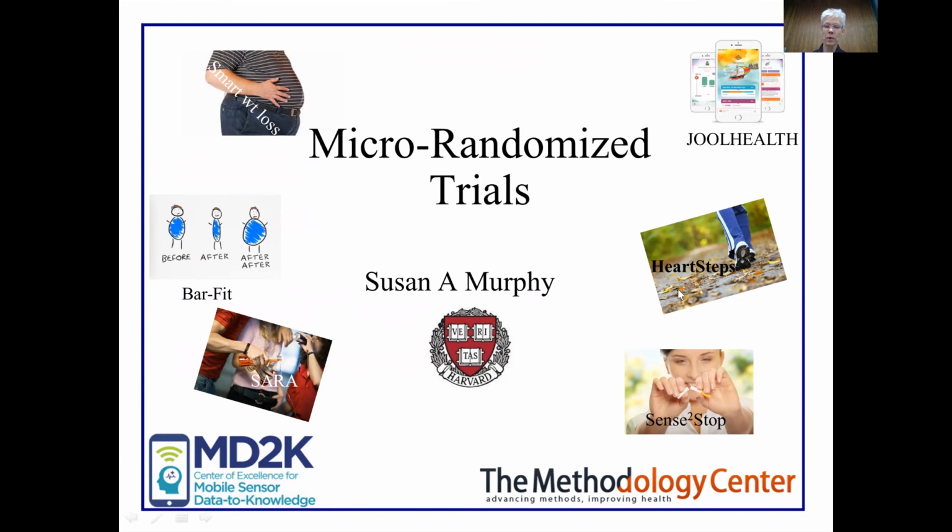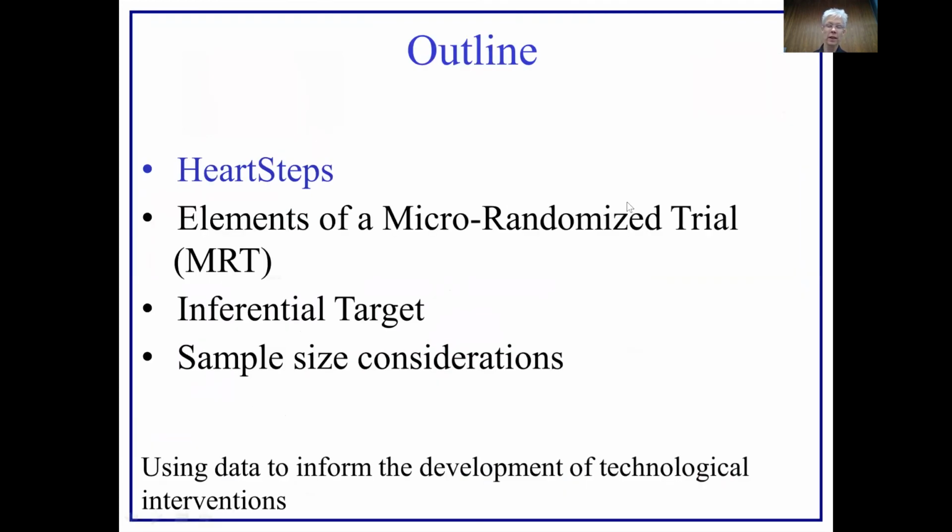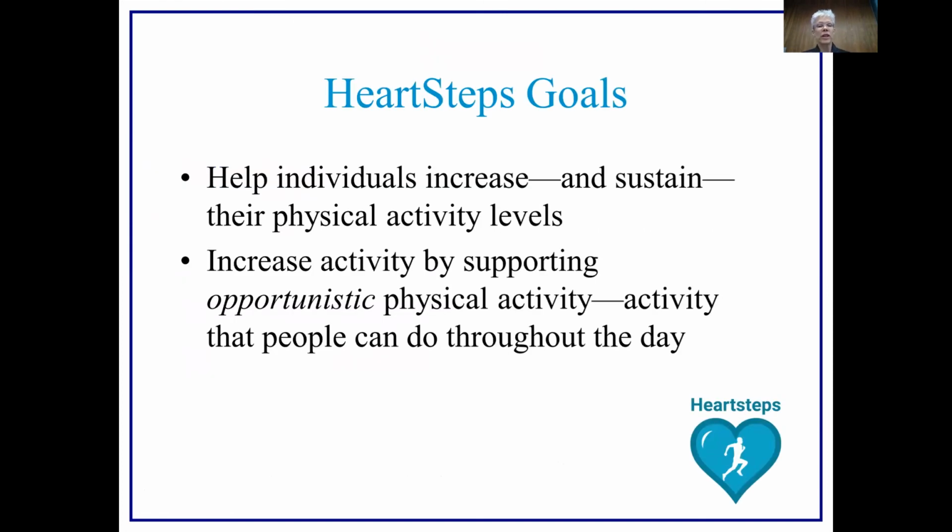So what we're going to do is start off, I'll describe HeartSteps so that I can use it as an example, and then we'll go on to the micro-randomized trial. With HeartSteps, this is a project that involves 3 studies, the first of which has been completed, and that's the trial design you're going to see today.